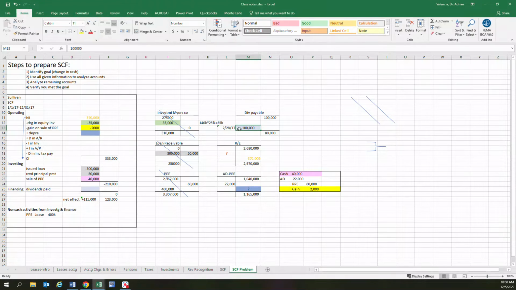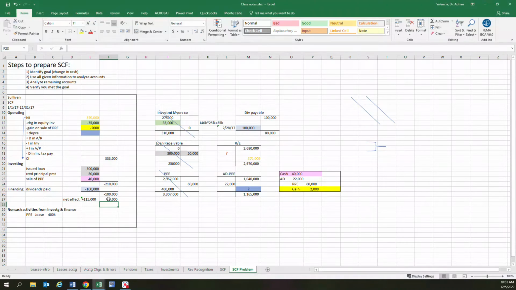So that has a cash flow implication that needs to be explained right here, and you say dividends paid of negative $100,000. Okay, and I have these formulas already set up so that it adds and subtracts all this stuff, just as you can see here. And then at the end, this is just going to net all of it.